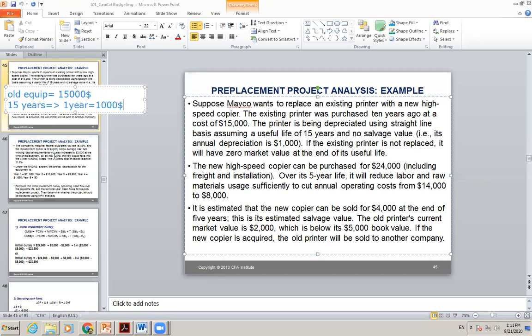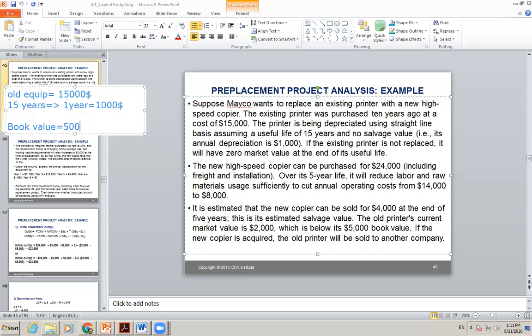But only 10 years have passed. For the last 5 years remaining, we decided to replace the old equipment with the new one. So 10 years already passed, and how much value is remaining, the book value? 5,000.